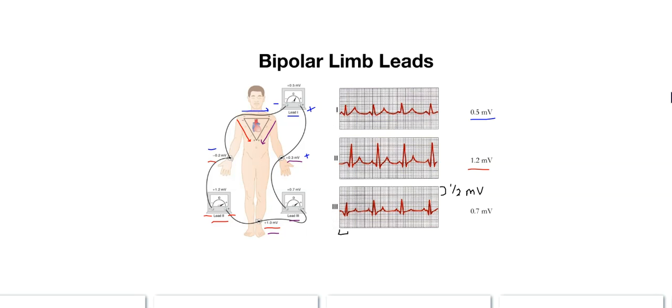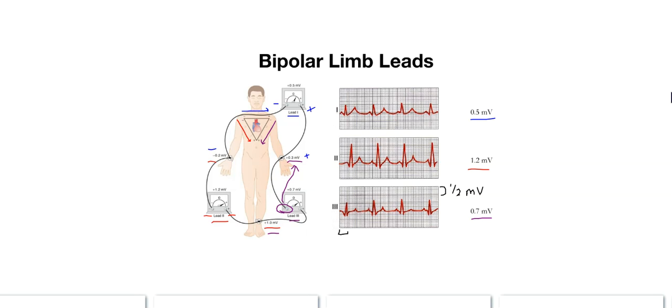So how would you solve for that to get that 0.7? You have to pay attention to which one your negative is attached to and which one your positive is attached to. So the positive lead minus whatever the voltage is picked up by the electrode of the connection. That would give you the readout here.